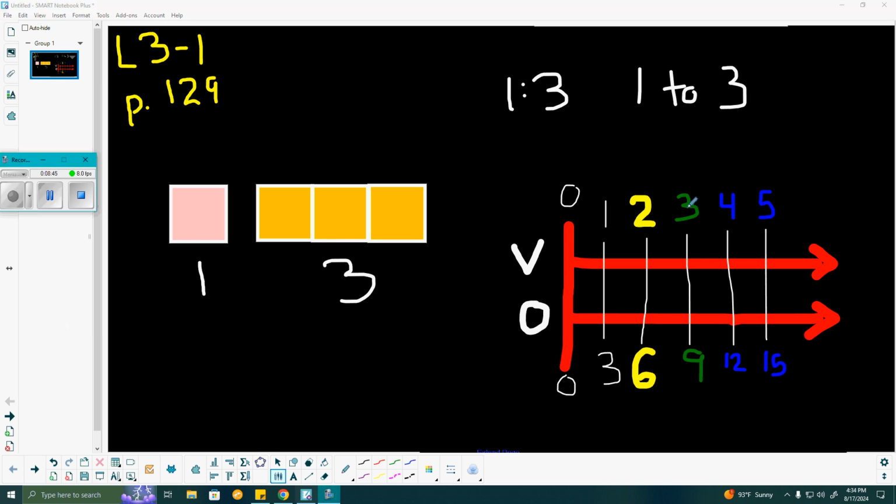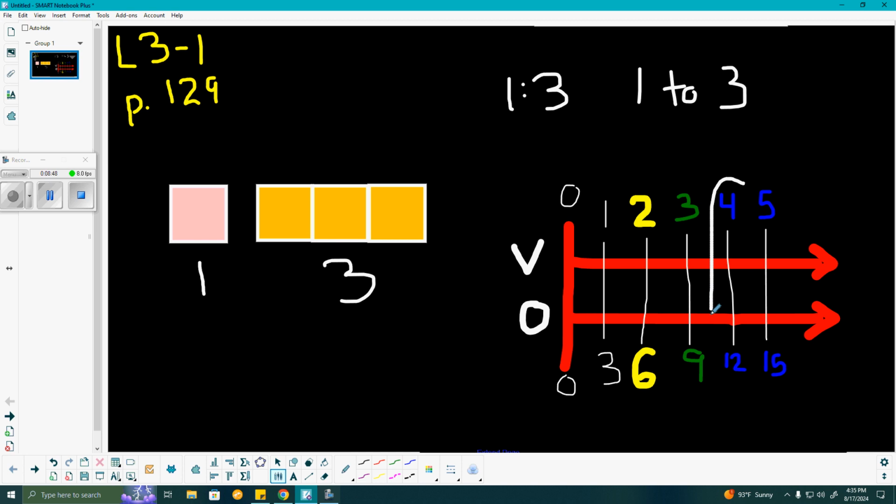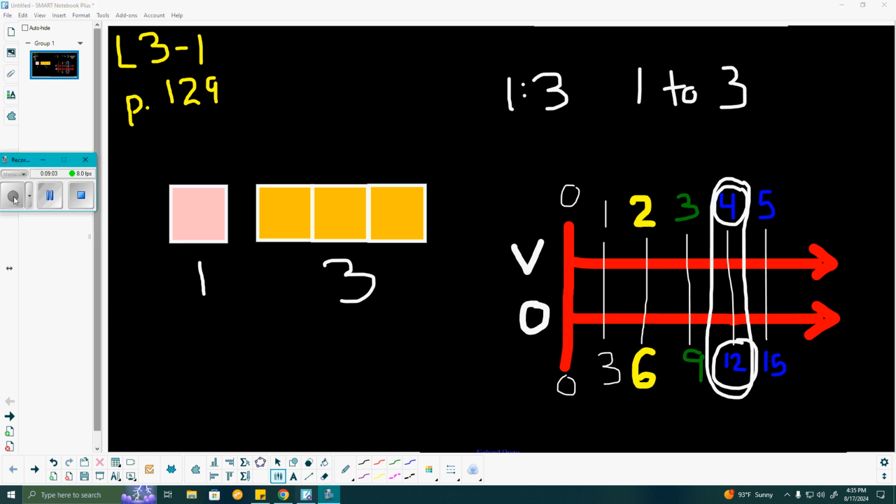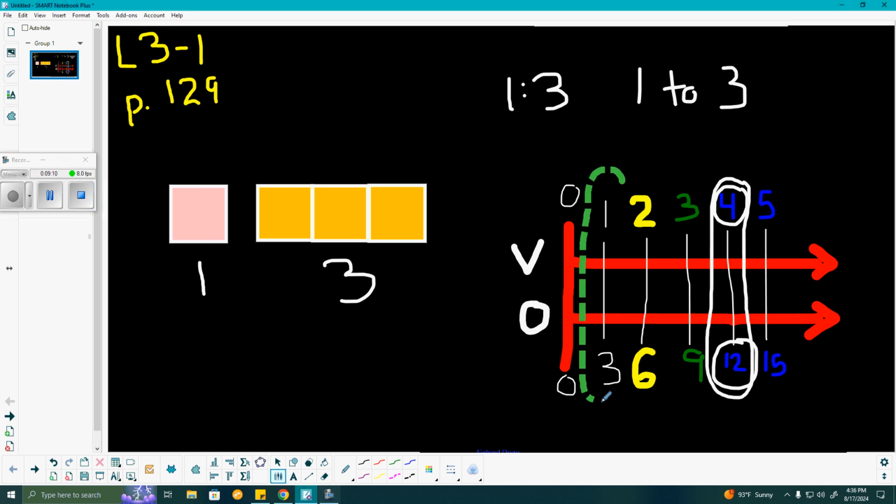So if Tahira wanted to use 4 tablespoons of the vinegar, I would look directly underneath my 4 to see that I need 12 tablespoons of the olive oil. Remember, 4 to 12 is a rate, and if we want to compare per 1, this is our unit rate. This will conclude the first section of Lesson 3-1.